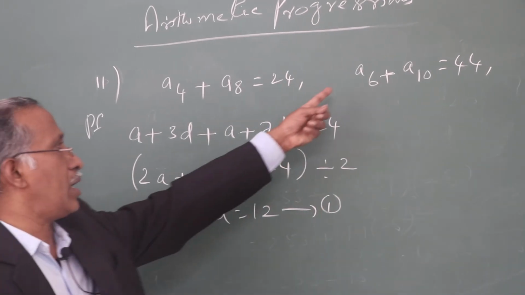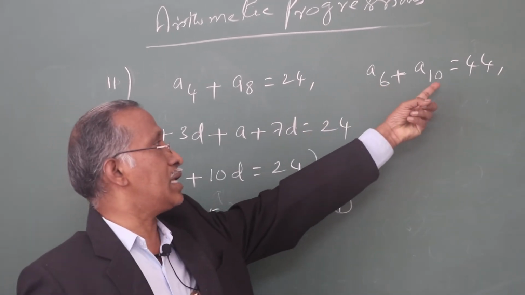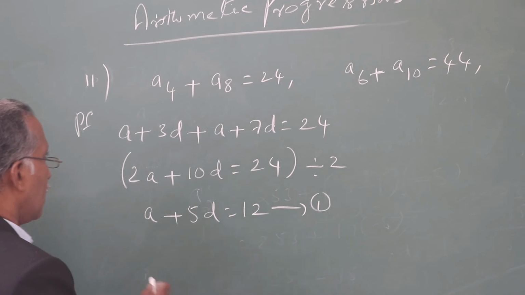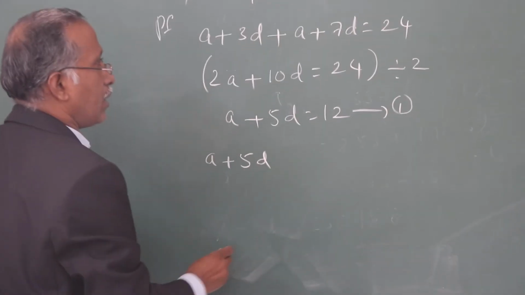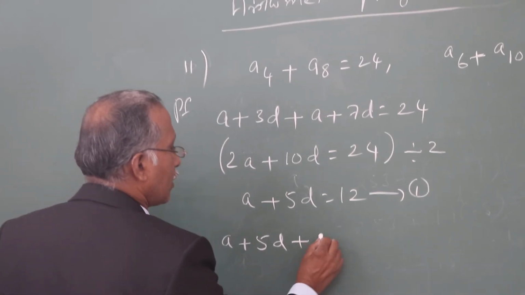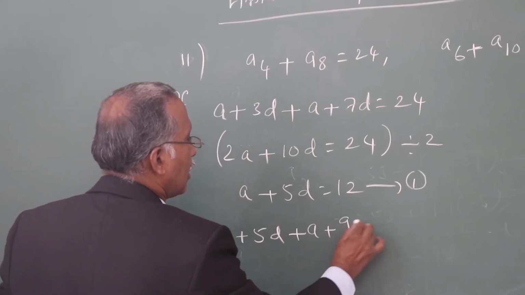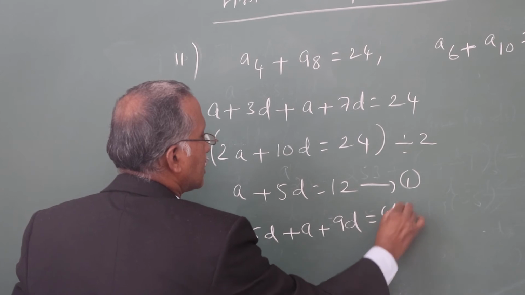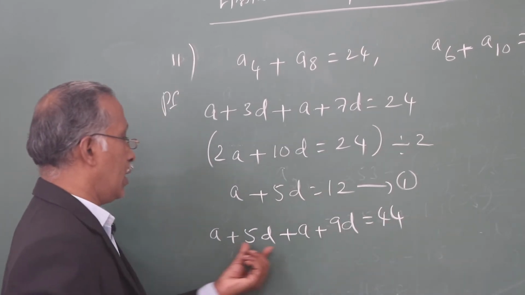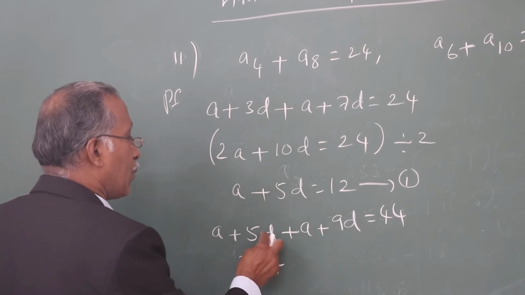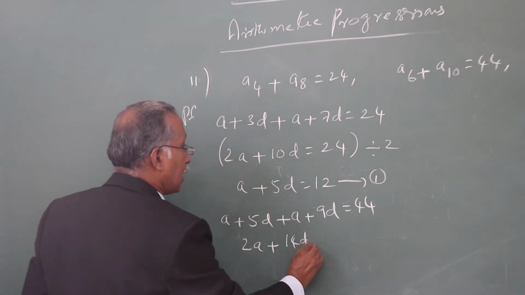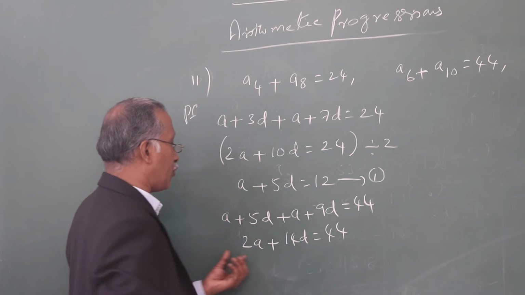In the same way, a6 plus a10 is equal to 44. a6 is written as a plus 5d, plus a10, a plus 9d, which is equal to 44. a plus a is 2a, 5d plus 9d is 14d, which is equal to 44.